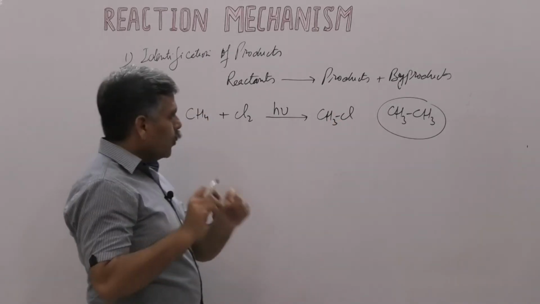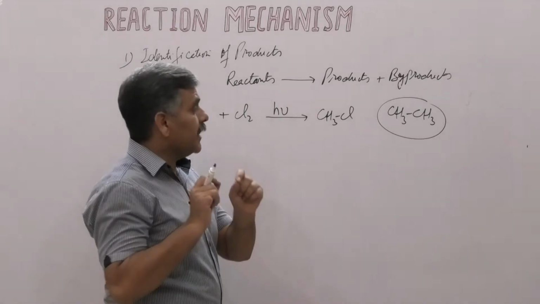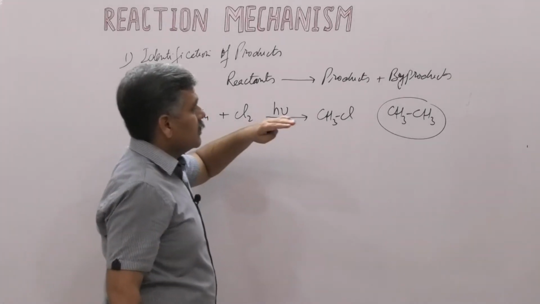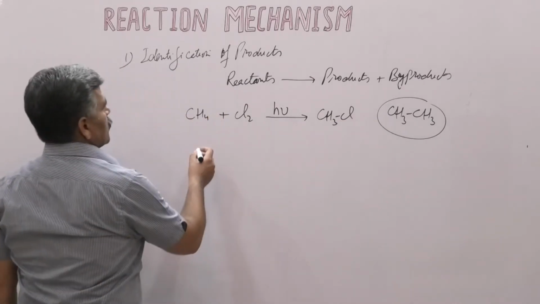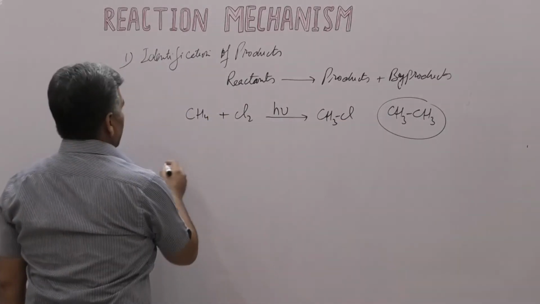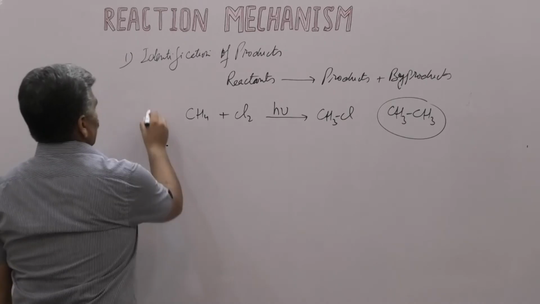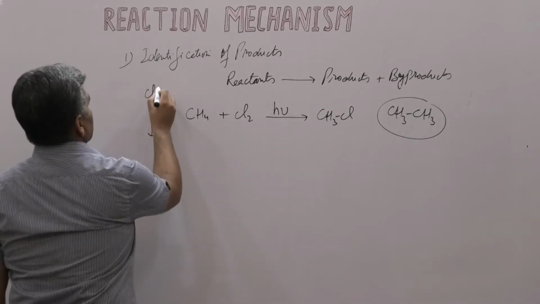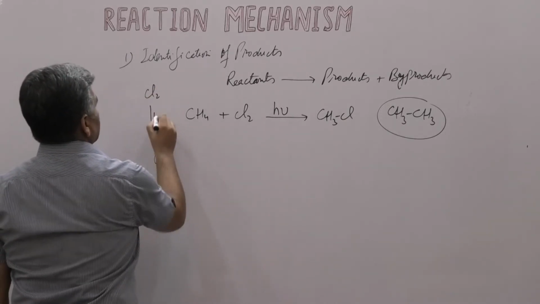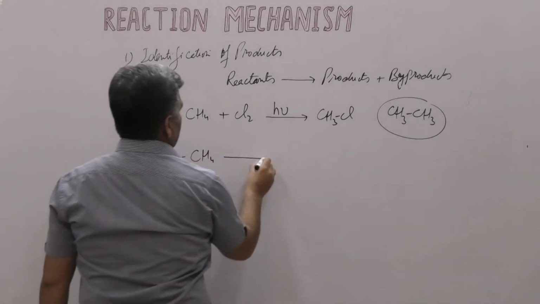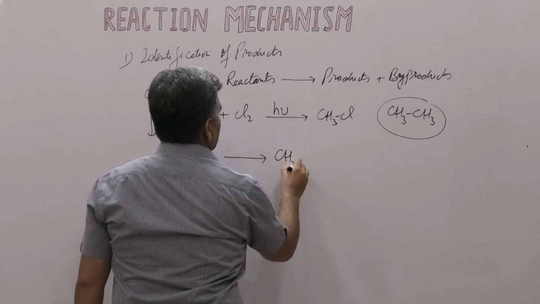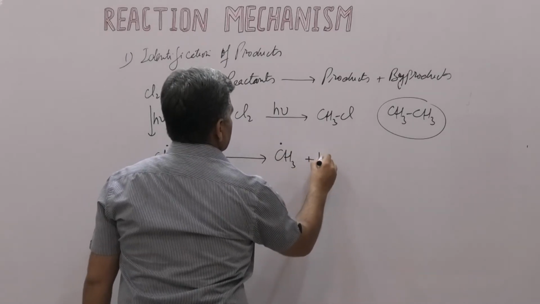So, the most acceptable mechanism is that which explains the formation of methyl chloride as well as ethane. The first step in this reaction is the formation of free radical Cl from Cl2. This is homolytic fission. It reacts with methane and we have a free radical.